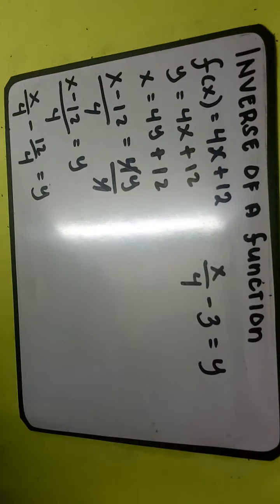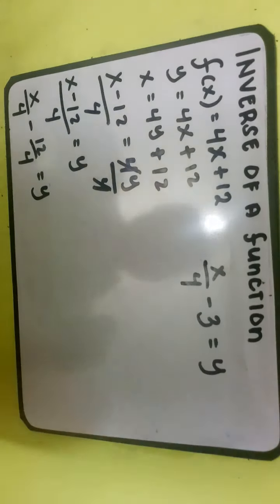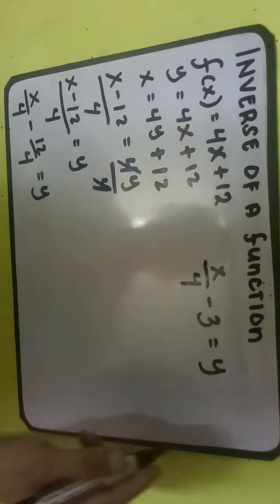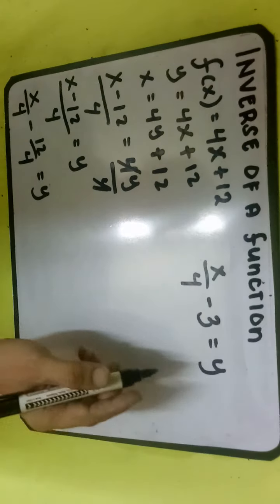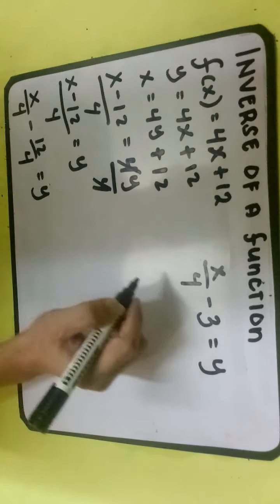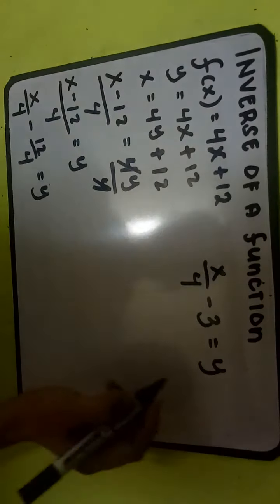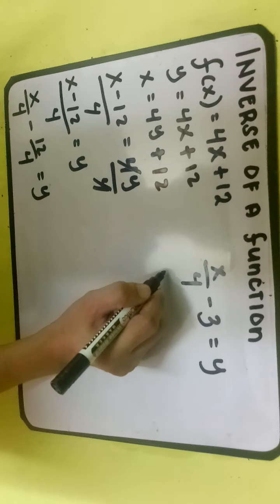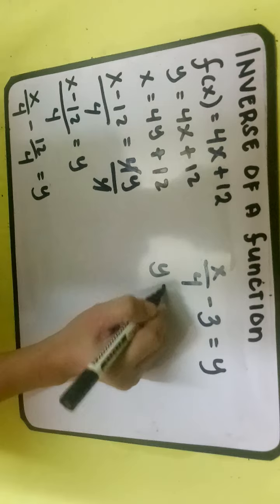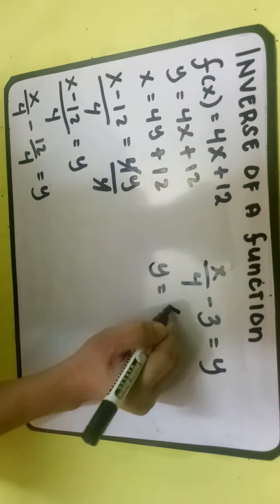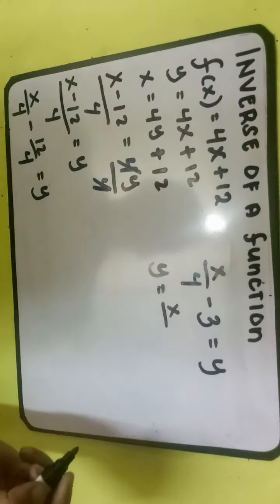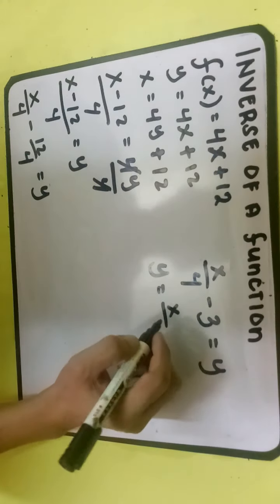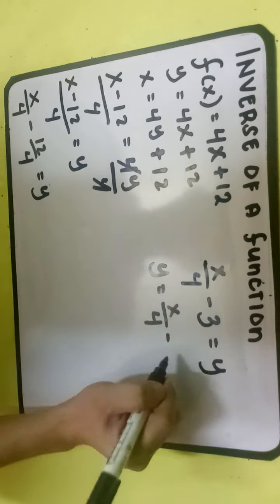And then, by symmetric property of equality, so since ang pinaka format niya ay nasa left hand side si y, so by symmetric property of equality, we can interchange their positions. So yung nasa left hand side mapupunta sa right, and yung nasa right hand side mapupunta sa left, nang hindi nagbabago ang kanilang side.